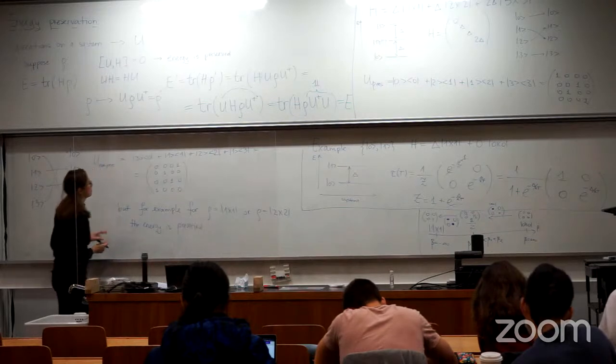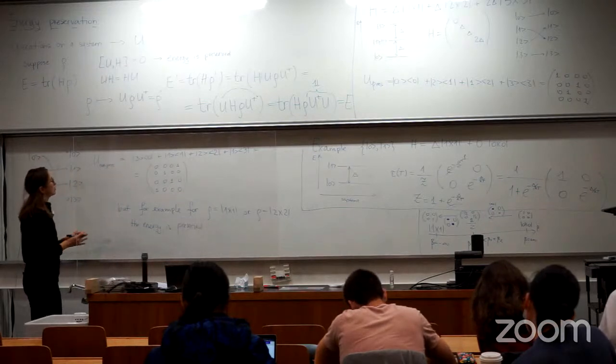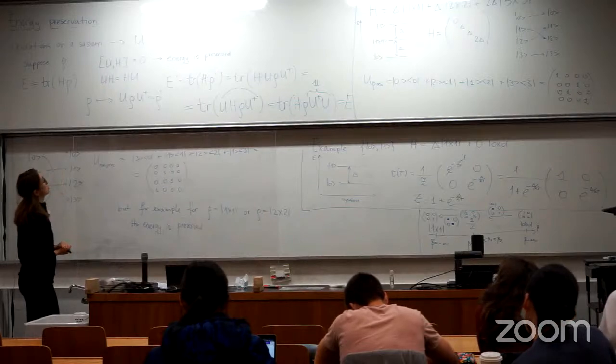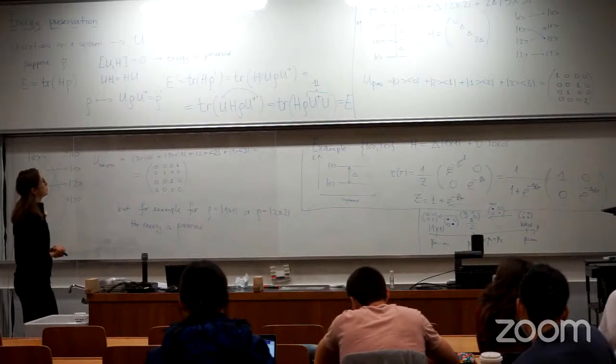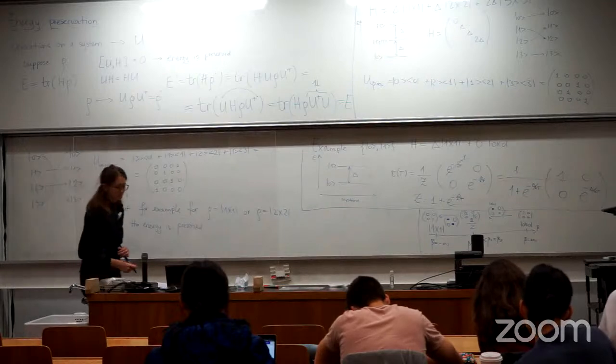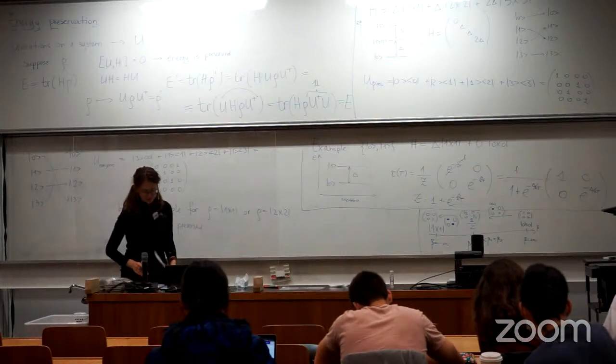However, in the course we will mostly depend on that condition, because we don't want to depend on the exact form of the state rho, so on the exact state of the system rho. But you should remember that there is this caveat.